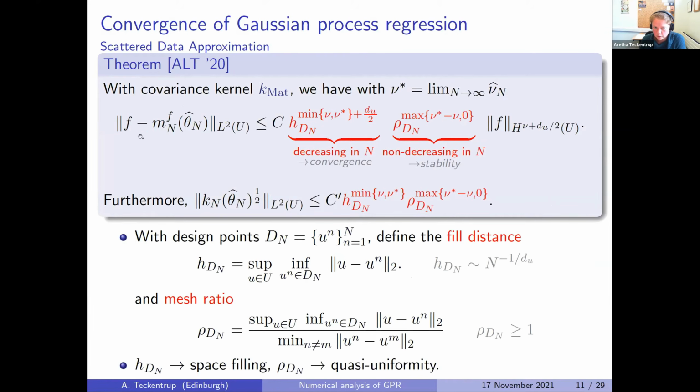So this is something that tells you that the mean of the posterior tends to the truth. And then this result here is a result on the variance or the standard deviation, because of the square root here. And it's the result that tells you that the variance of the posterior will go to 0 as n tends to infinity. The way we're measuring the errors is in the L2 norm. So this is an average error over the whole domain of f.